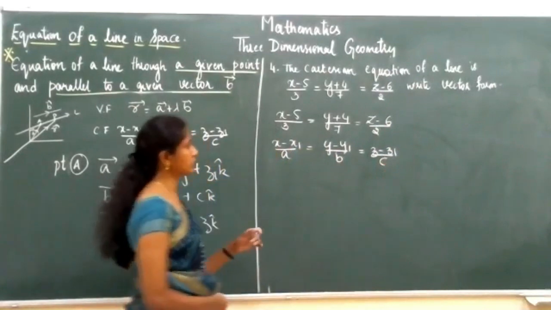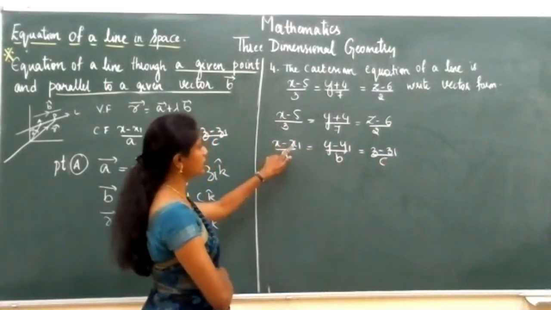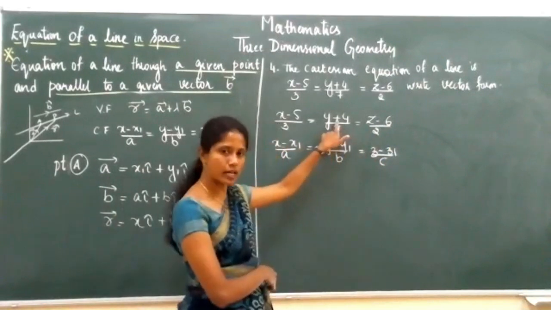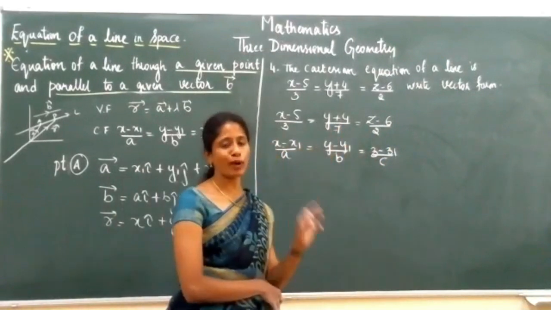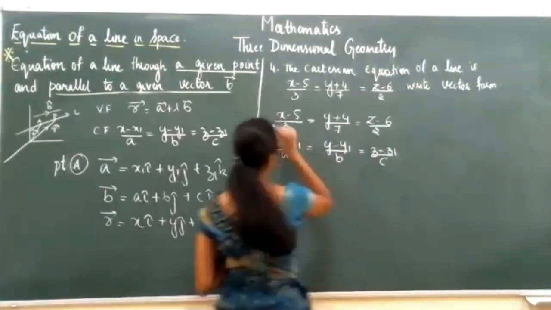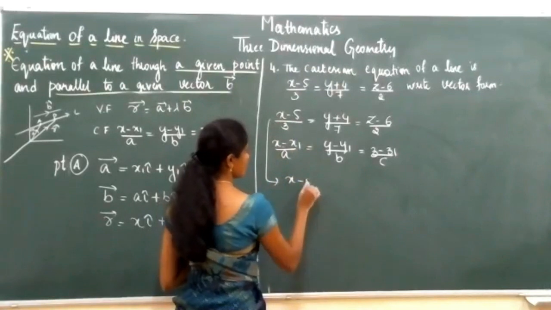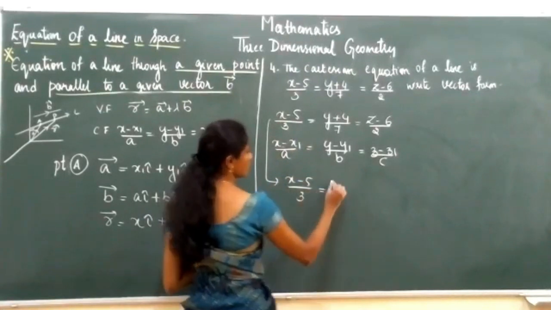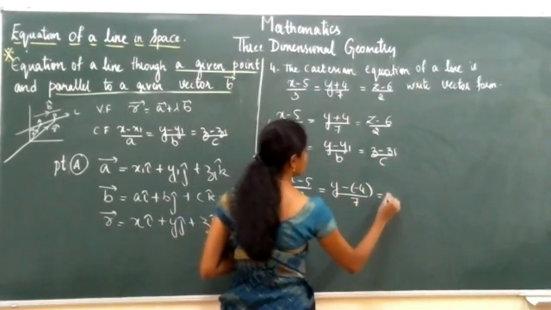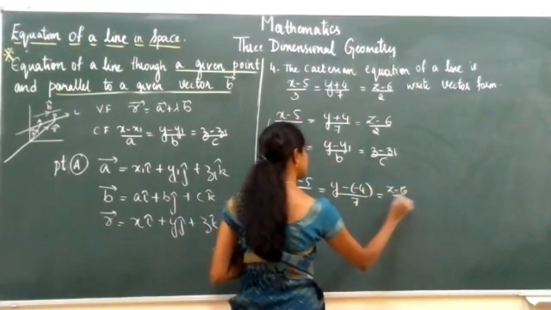Comparing this, we need x minus x1, always we should have minus here. But here we have plus. So this can be written as y minus of minus 4. So I can write it as x minus 5 by 3, which is equal to y minus of minus 4 by 7, which is equal to z minus 6 by 2.